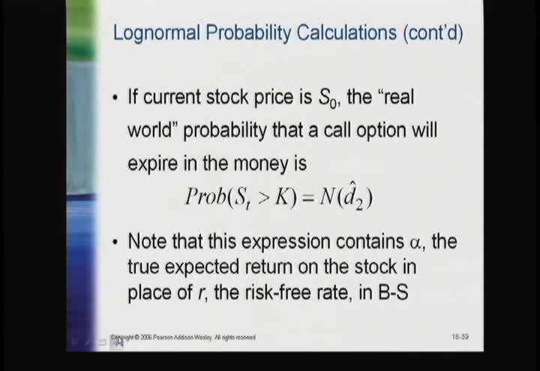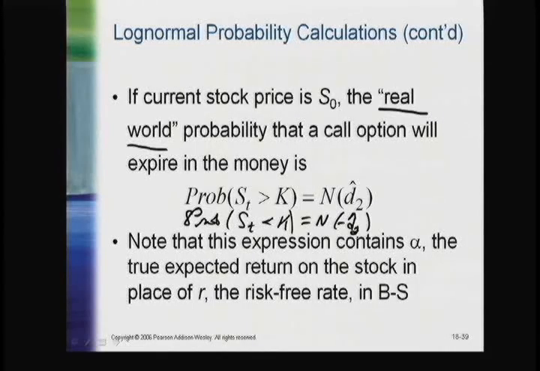So when the current stock price is S0, in the real world where we're using alpha, the probability that a call option will be in the money, that's the probability that S is bigger than K at expiry, is equal to N of D2. And the probability that a put is in the money in the real world is equal to N of minus D2.